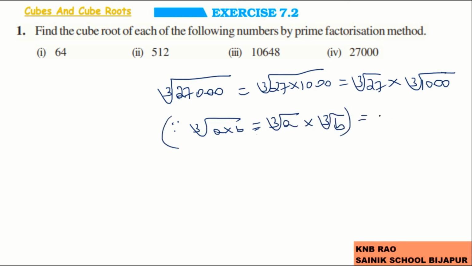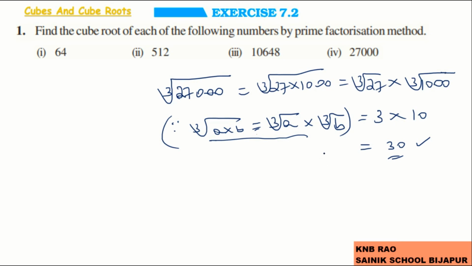So here the cube root of 27 is 3 and the cube root of 1000 is 10. So the product of this is 30. So this is the answer for the cube root of 27,000. This way also we can find it without much prime factorization, using just the technique of writing the cube root of a into b as the cube root of a into the cube root of b.